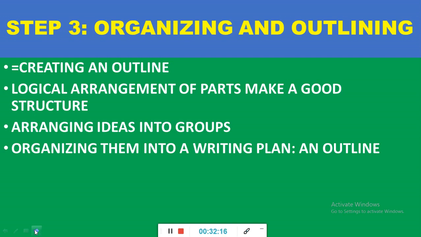Of course, you weed out the unnecessary or irrelevant ideas, and then you really bring out the real ideas you want to use, and you organize them into related groups. All right, that will enable you to form the structure of your writing.